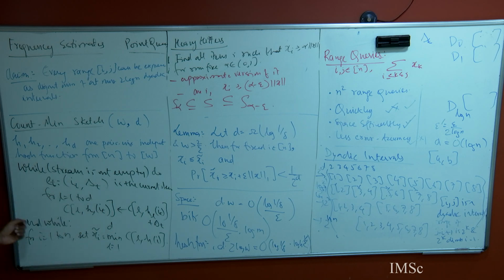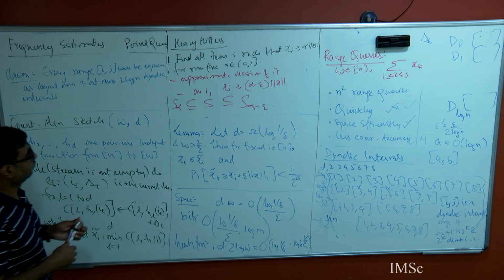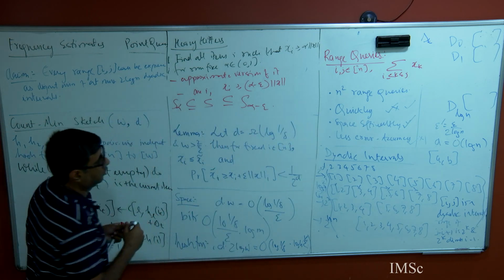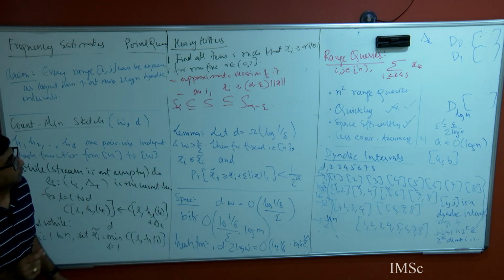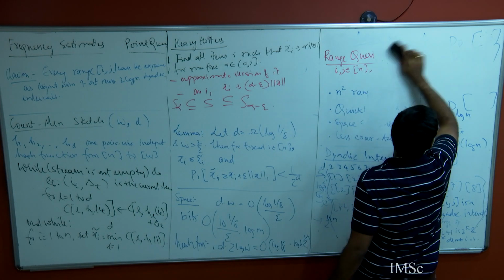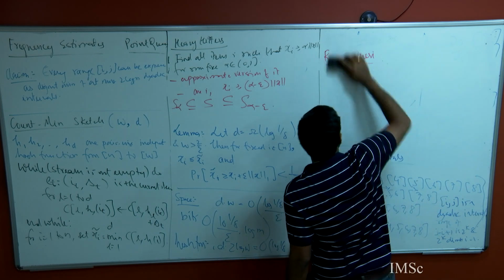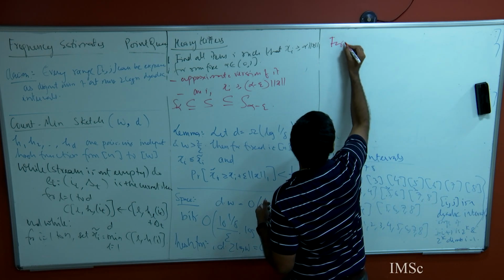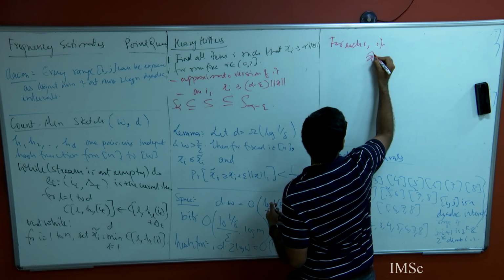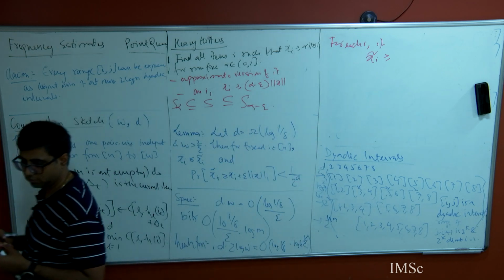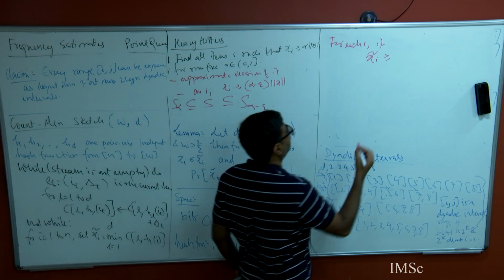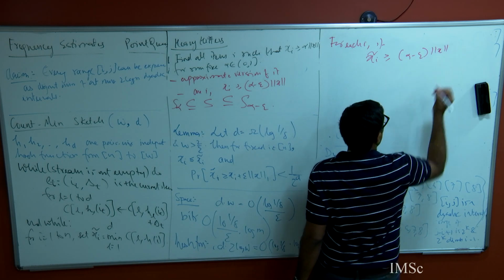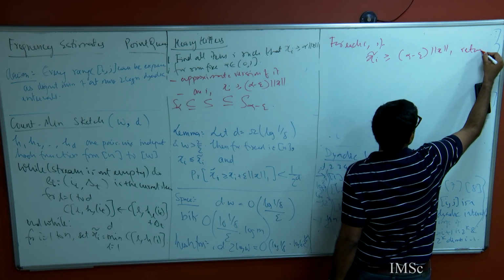So what happens if I just go through each i and check if xi tilde is greater than or equal to alpha minus epsilon times the one norm, and return it? Does it have all this?